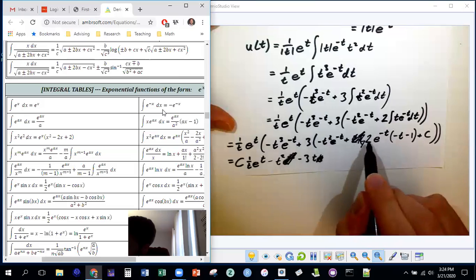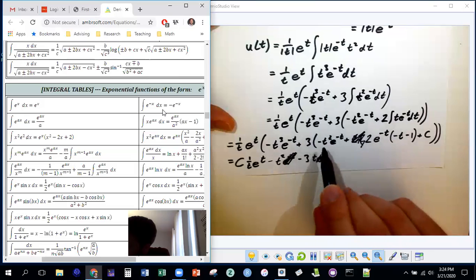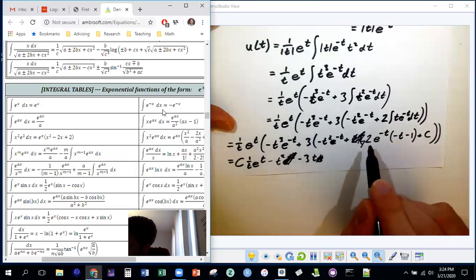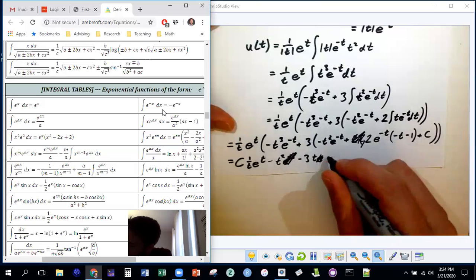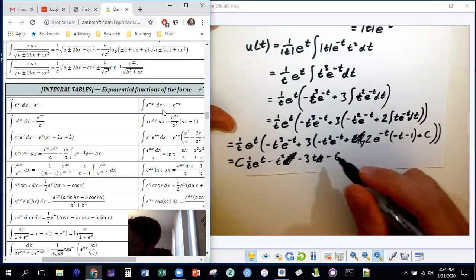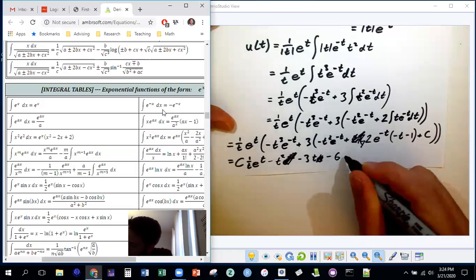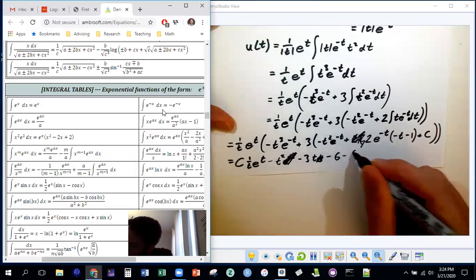And then this is a 2 here, but it's 2 times 3. So minus 6, minus 6 over t.